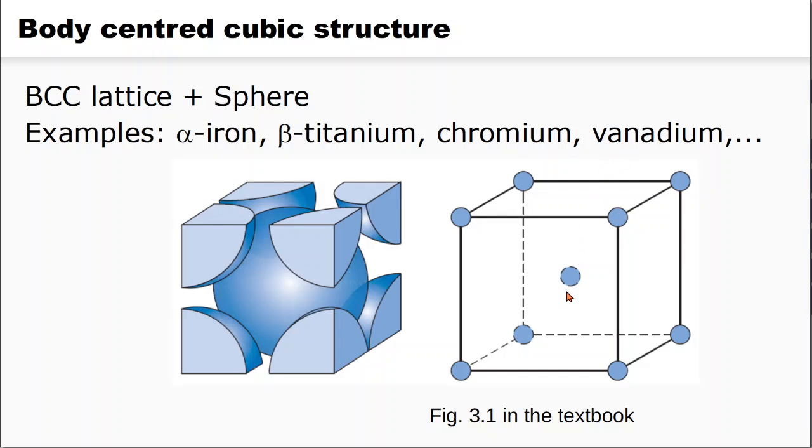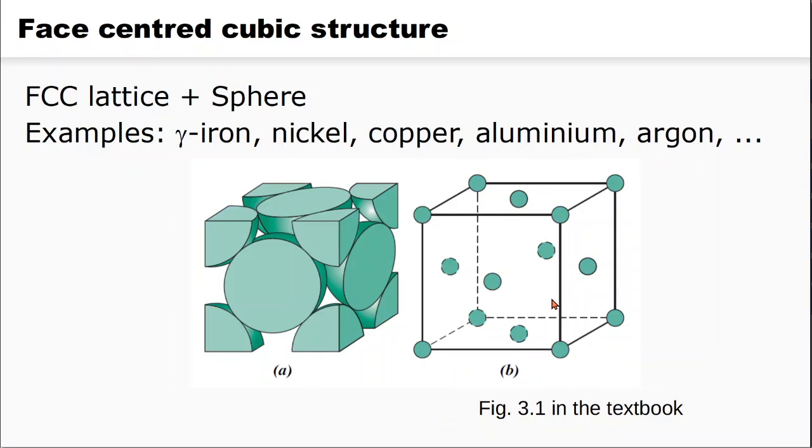Finally, you get the FCC crystal when a spherical atom is placed at each site in an FCC lattice. Solids of many elements have this structure.